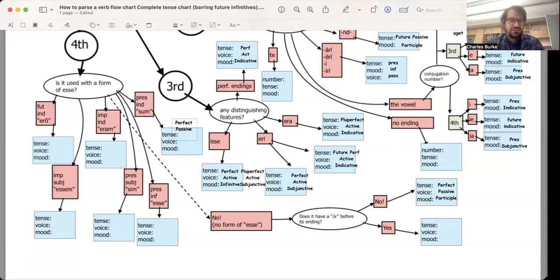This will be the perfect passive indicative, because it's basically borrowing the indicative from est. If we get perfect passive participle plus imperfect, we get the pluperfect passive indicative. If we do the perfect participle plus future, we get the future perfect passive indicative.